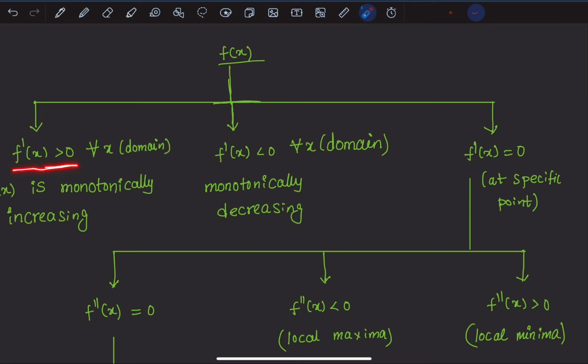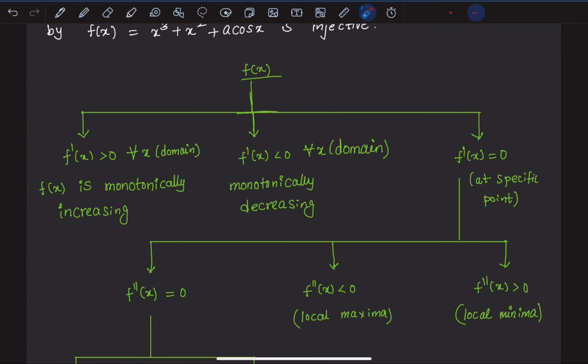If it is greater than 0 for all the values of x in the domain, not at any specific value, then the function is said to be monotonically increasing. If the derivative is less than 0 for all the values of x in the domain, then the function is said to be monotonically decreasing.